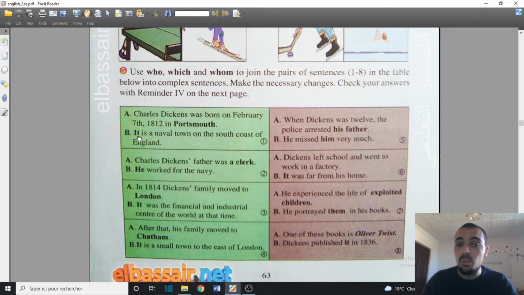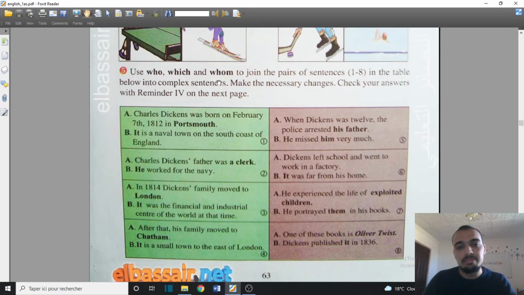In 1812 in Portsmouth, which, of course, I always omit the subject because which takes its place, which is a naval town. Here I put them together and provide more explanation about my item, which is a naval town on the south coast of England. I think it's easy enough.